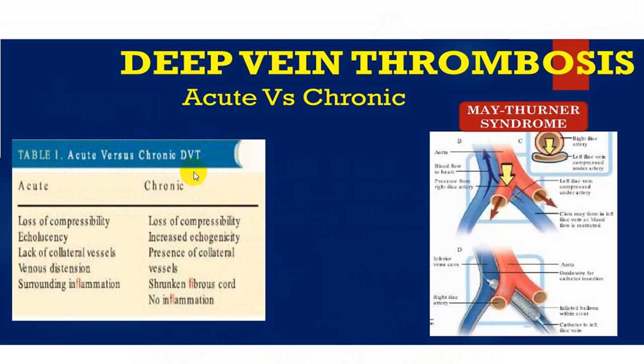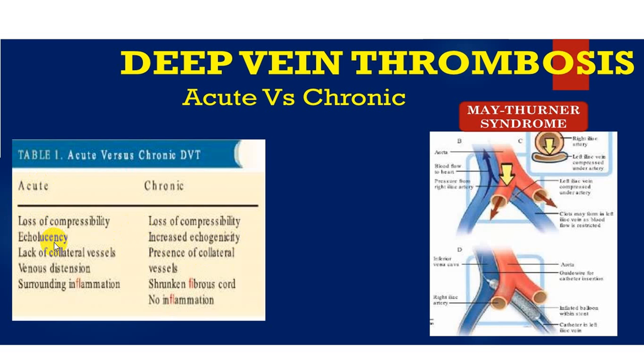In case of acute and chronic, what is the difference? That has been shown here. In acute, there is a loss of compressibility, echolucency, while in case of chronic, there is increased echolucency.